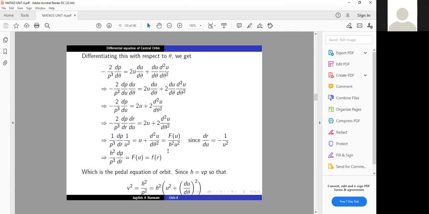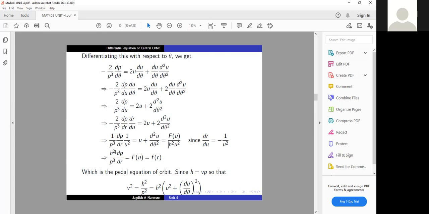So we denote this u plus second derivative of u with respect to theta by capital F of u, upon h square into u square. And then we find the value of f of u only. So we have f of u is equal to h square into u square divided by p to the power 3 dp upon dr into 1 by u square.